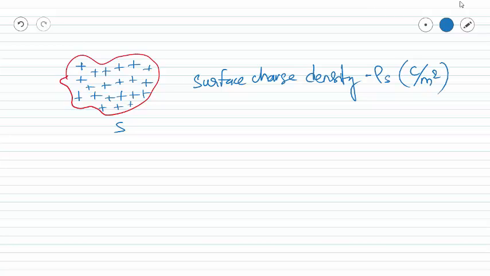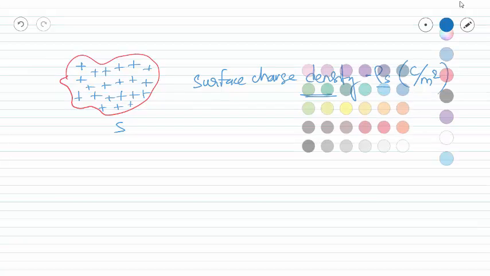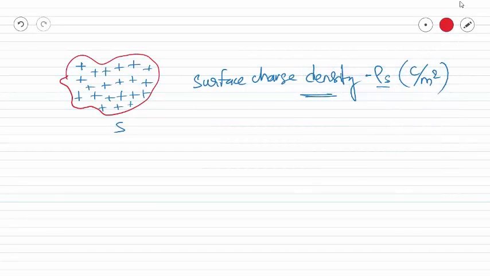Because the dimension of a surface is area, and area is in units of meter square. So the surface charge distribution is represented by a parameter called surface charge density. Now in this charge distribution, again we will take a small elemental area.